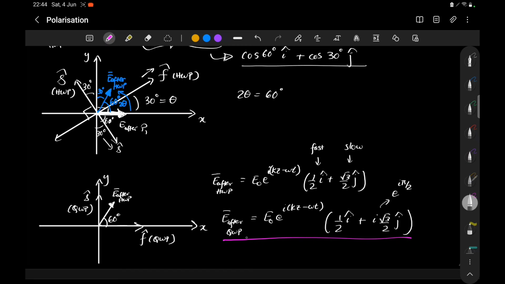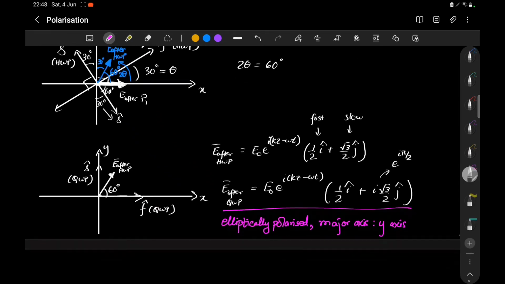So clearly we see that this is elliptically polarized, and the major axis is the y-axis. Major axis is the y-axis because this term is root 3 by 2, which is greater than this term, 1 by 2.